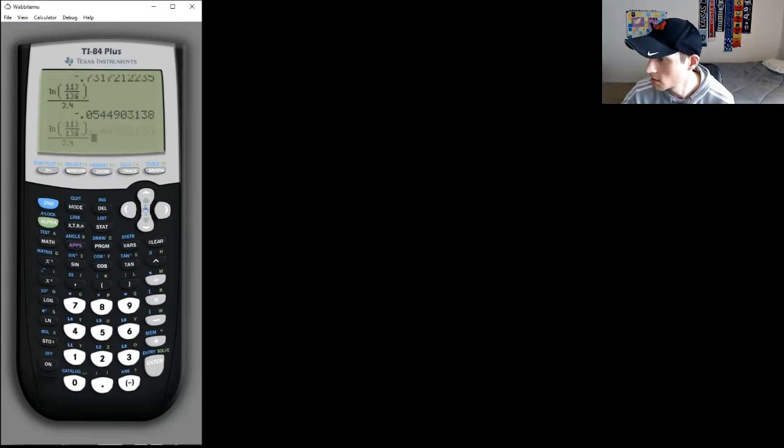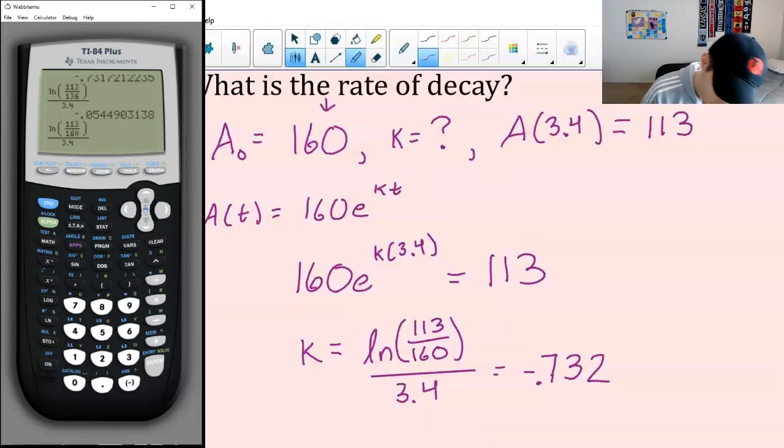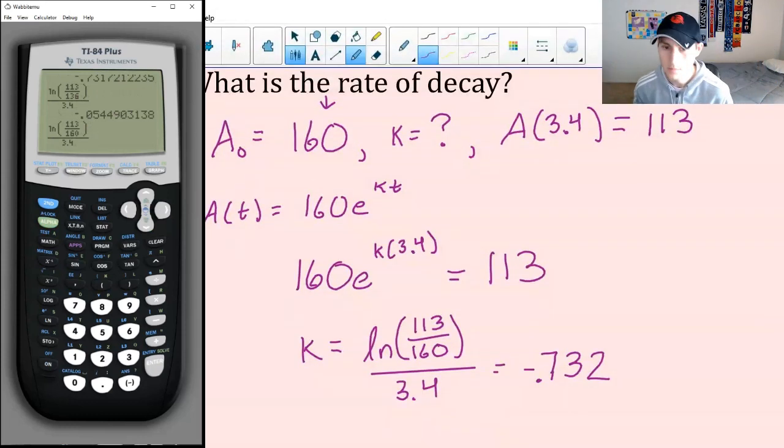We'll try it again. 160. Yeah, 113 divided by 160. Sorry, my screen went away, so I couldn't see it. Divided by 3.4.